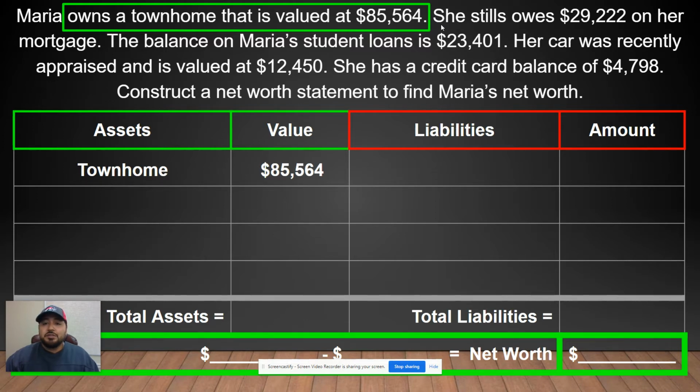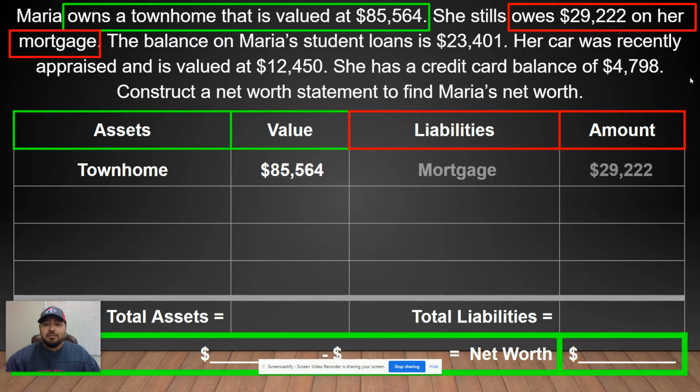Now let's read the next piece of information. She still owes $29,222 on her mortgage. That is a liability because she needs to pay that. She needs to pay that total amount. And so that's going to be a liability. So we'll stick that in the liability section. The name goes here under liabilities, and the amount goes down here.